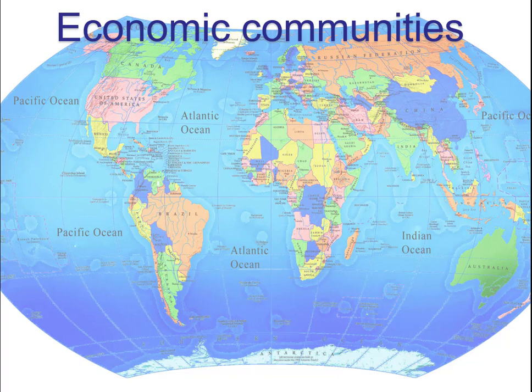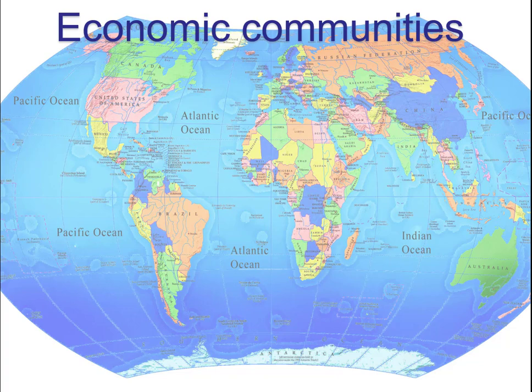A number of economic communities now exist, including the European Union, one of the most popular ones ever, the North American Free Trade Agreement, and you've probably heard it called by its acronym, NAFTA. NAFTA joined the United States with its first and second largest trading partners, Canada and Mexico.